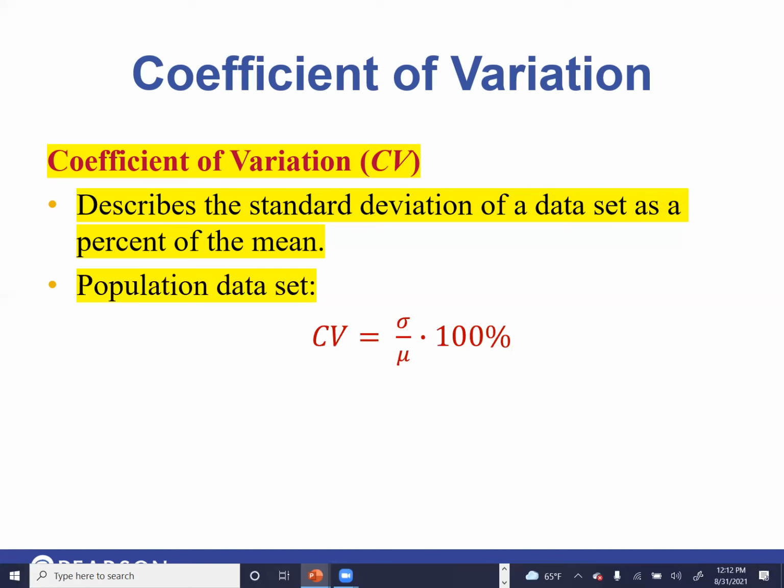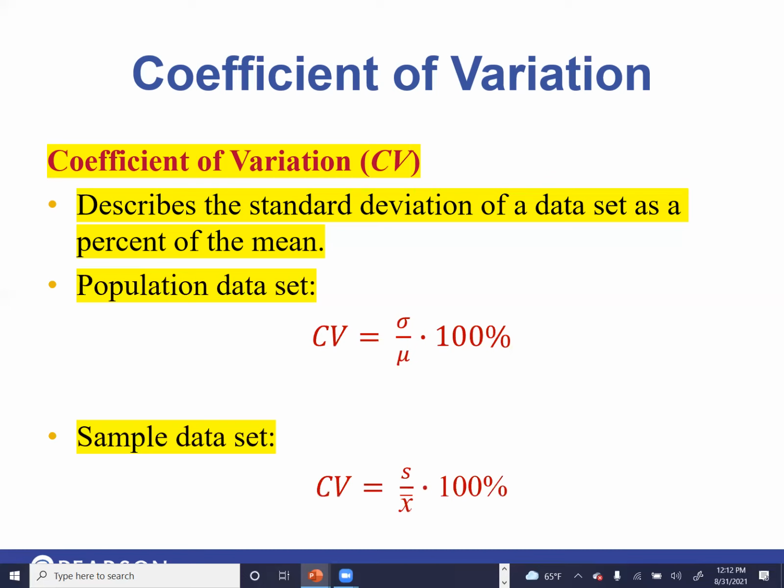Sigma is the top one. Very good. The bottom one is called mu. It's like an M and a U mixed together. Doesn't it look like an M and a U got married or something? So CV equals sigma over mu times 100%, and that's given as a percent.